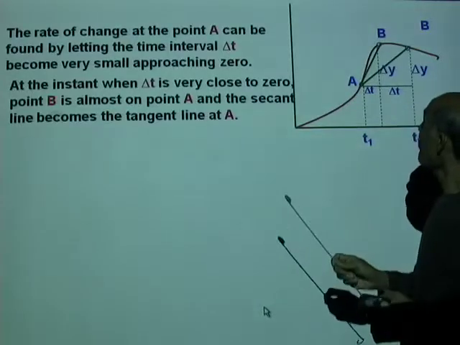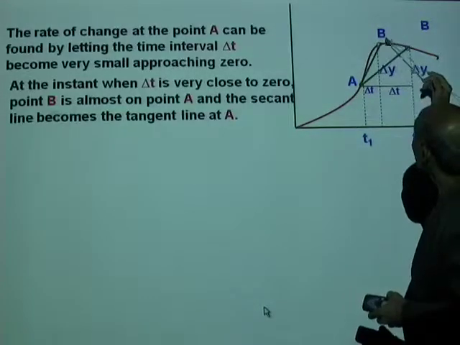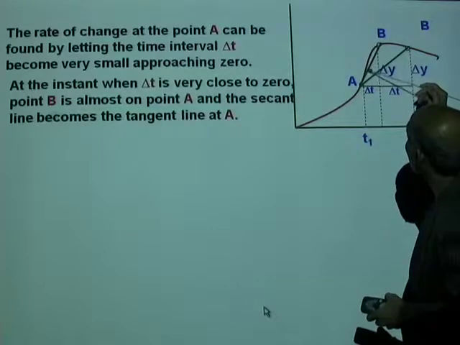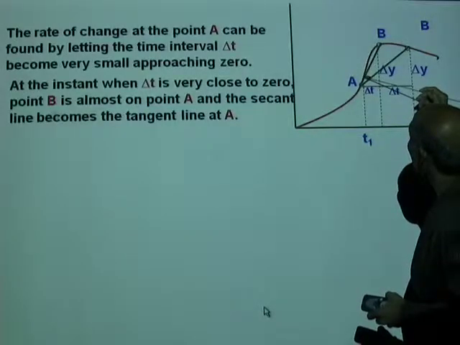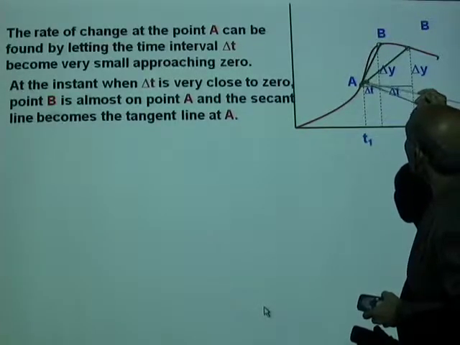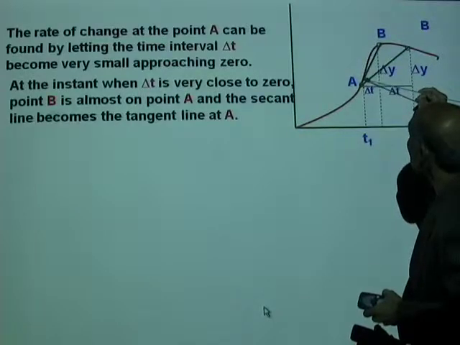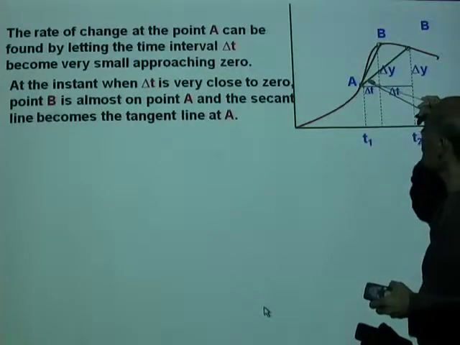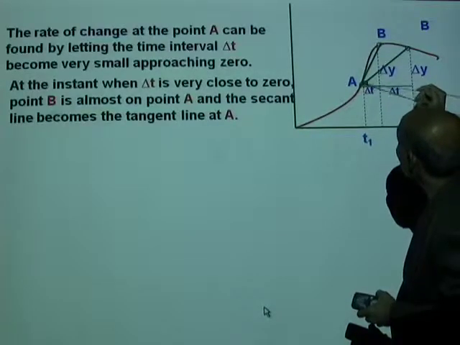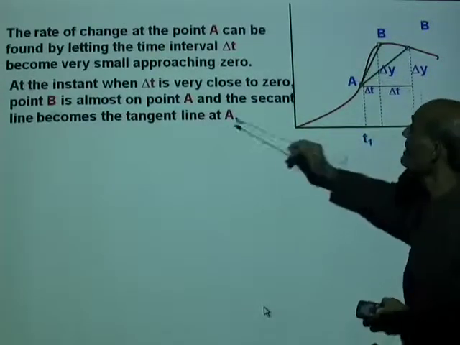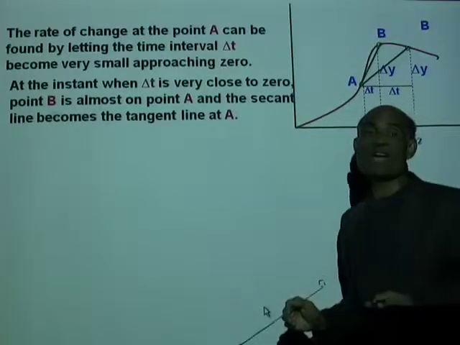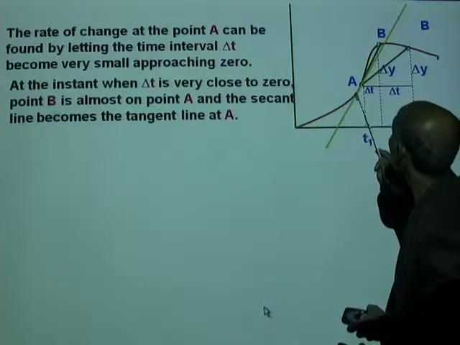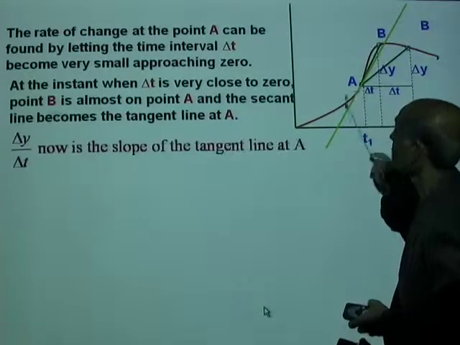That is very important to know. If I bring the point B, say here, then the line AB and the curve AB will not be distinguishable, and the line becomes almost a tangent drawn at A.